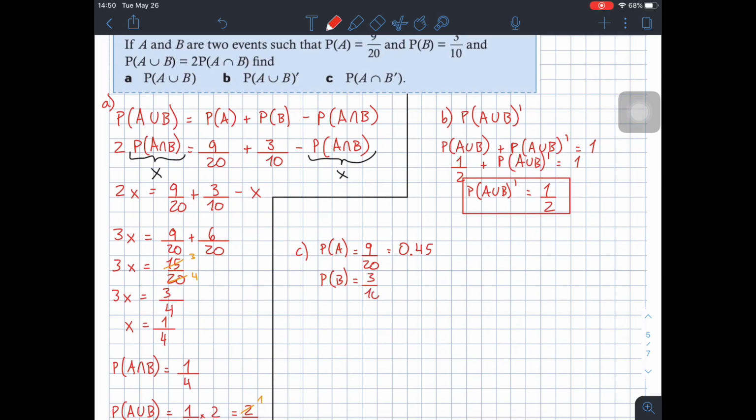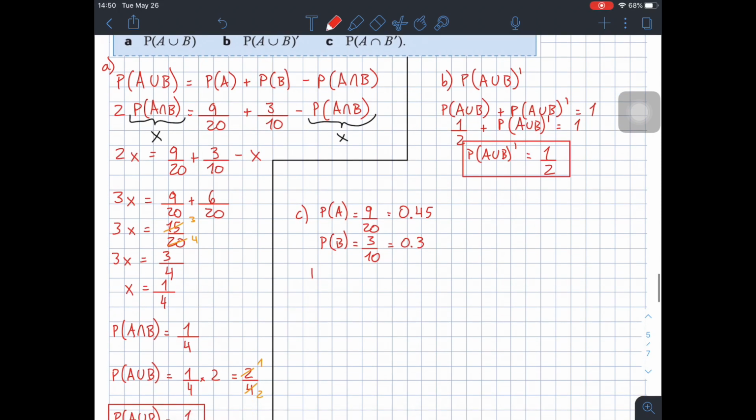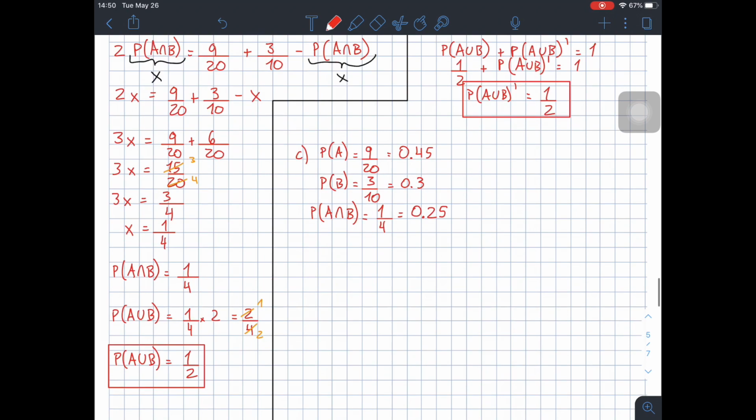That's 0.3 as a decimal. We already know the intersection, A intersection B, which is this value over here, 1/4, which is the same as saying 0.25. And with that information, I should be able to do my whole sketch, right?